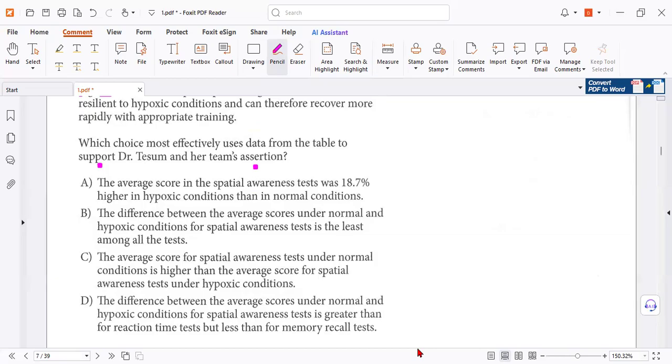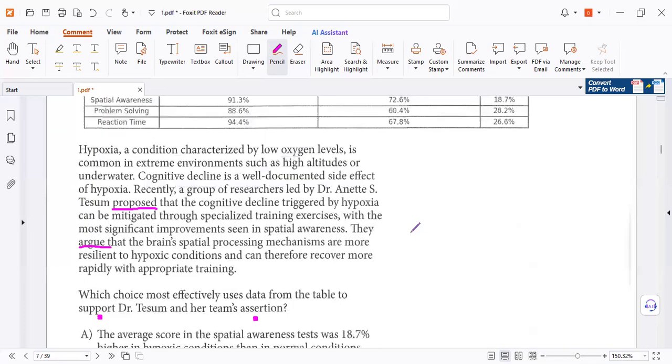No. Oh. Hmm. Let's find the assertion. Where is the assertion? Hmm. Is it? Let me help.